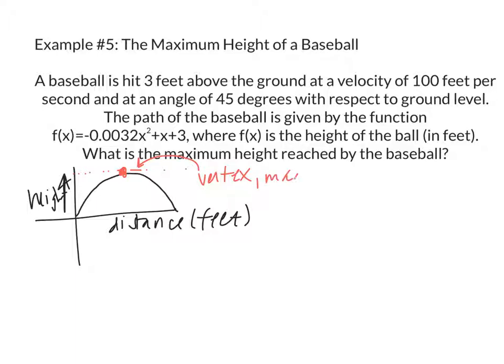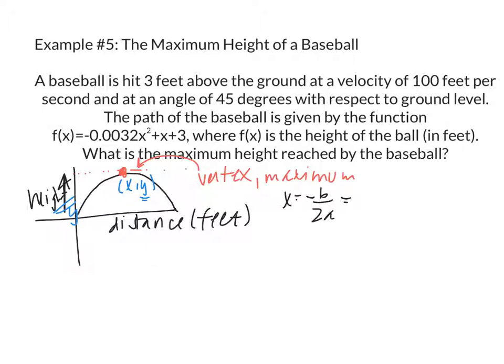Okay, so I'm going to do it by hand first, and then I'm going to do it by calculator. So to find the maximum by height, remember height represents the y value. Height represents the y of our ordered pair xy. So that means I'm going to have to find x first, which remember that's x equals negative b over 2a.